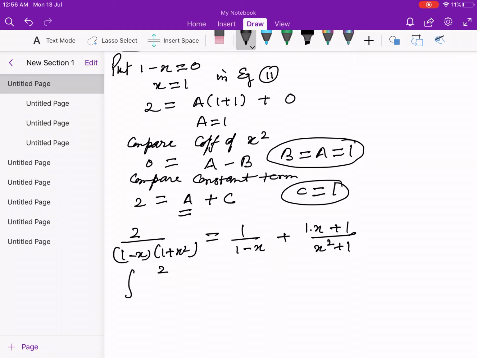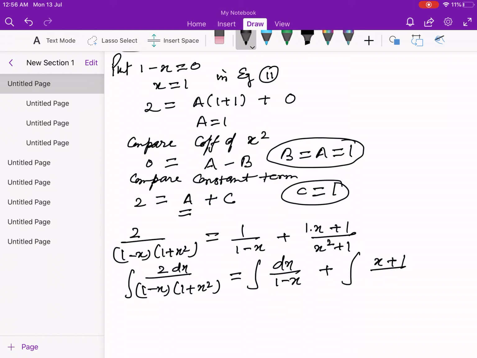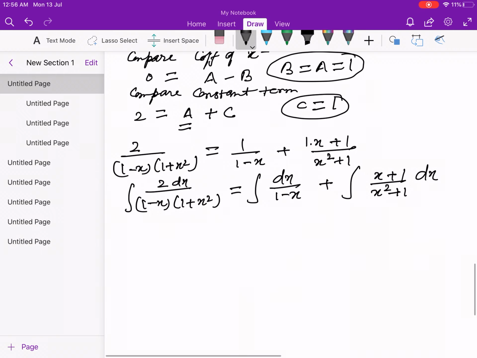Integral of 2 dx upon (1 minus x)(1 plus x square) equals to integral of 1 upon 1 minus x, and integral of (x plus 1) over (x square plus 1) dx. So its integration is simple because it's linear form, 1 upon x. So log of 1 minus x divided by the derivative of 1 minus x, which is minus 1, so minus 1 will come.